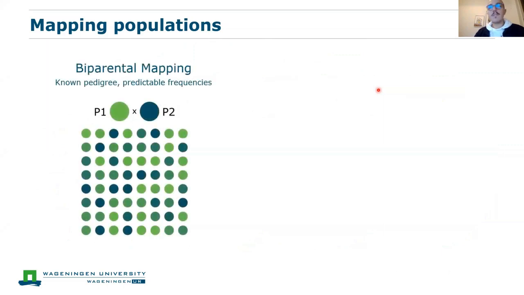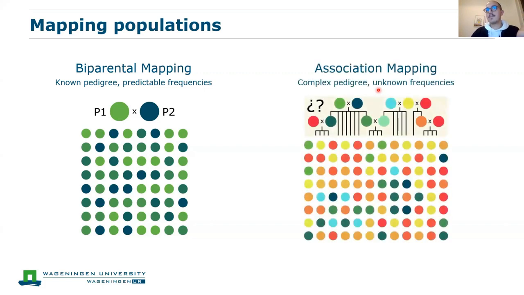So for mapping populations, I think the very classical mapping populations are biparental mapping populations, right? You have 2 parents, they contrast on some phenotype, and then you have some population in which you map a trait. Hopefully you find a QTL or more. And of course, on the other extreme, we have association mapping studies. The big difference between the two, I would say, is that in biparental mapping, you know the pedigree very well, so you know what frequencies for your alleles you can expect.